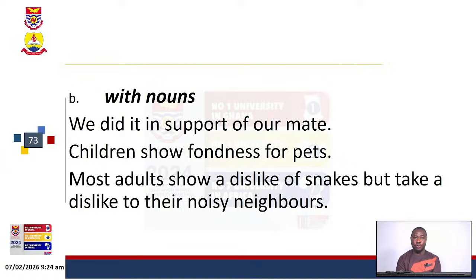Most adults show a dislike of snakes, but take a dislike to their noisy neighbors. Dislike is a noun, of is a preposition. And then, take a dislike to their noisy neighbors: dislike here is also a noun, and it goes with the preposition to.